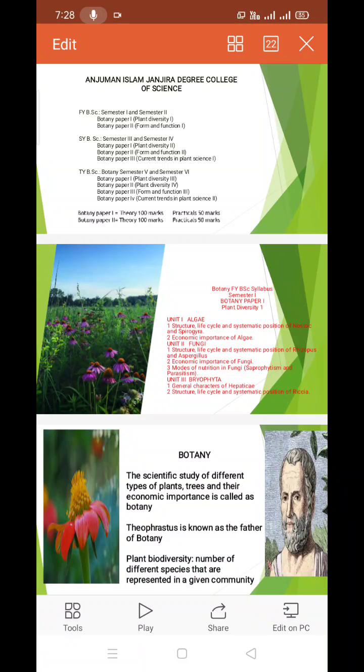And then in TY botany you have botany paper 4 and one additional paper, that is horticulture and gardening. In TY, botany paper first is on plant diversity third, botany paper second is on plant diversity fourth, botany paper third is on form and function third, and botany paper fourth is on current trends in plant sciences.